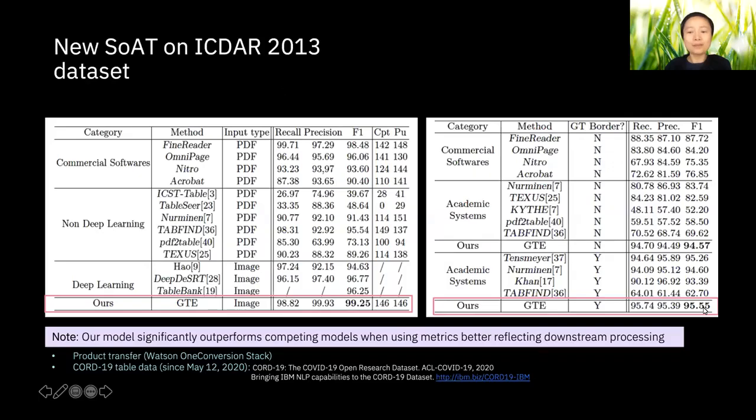But the most important message is actually the following. Even though our advantage on public benchmark data is quite evident, it is relatively small. However, when we use metrics that better reflect downstream processing, our advantage is much more evident. I don't have time to go into this today, but if you recall, for example, look into this year's ACL Best Paper Award, right?